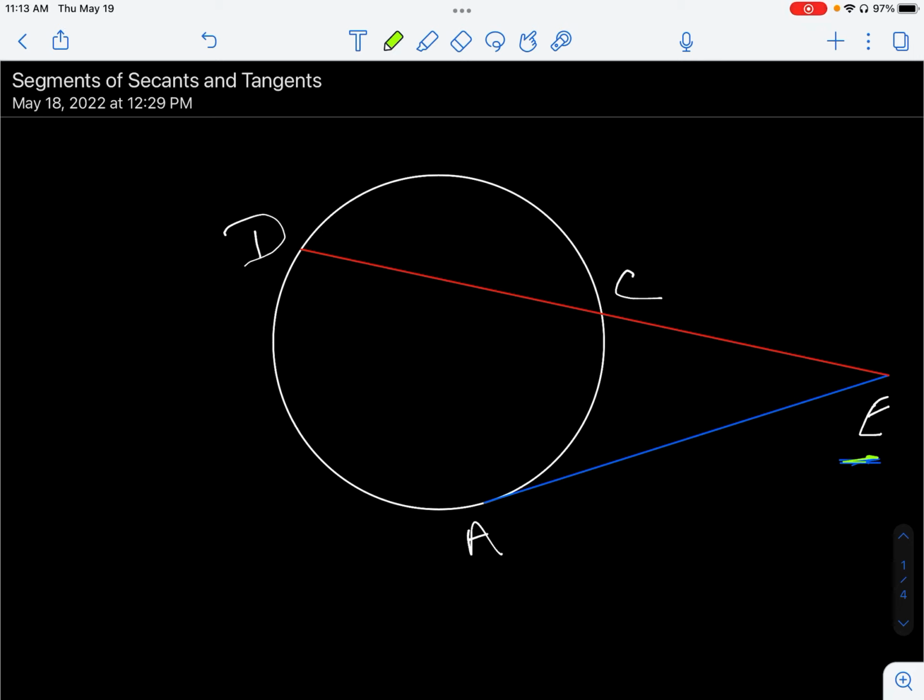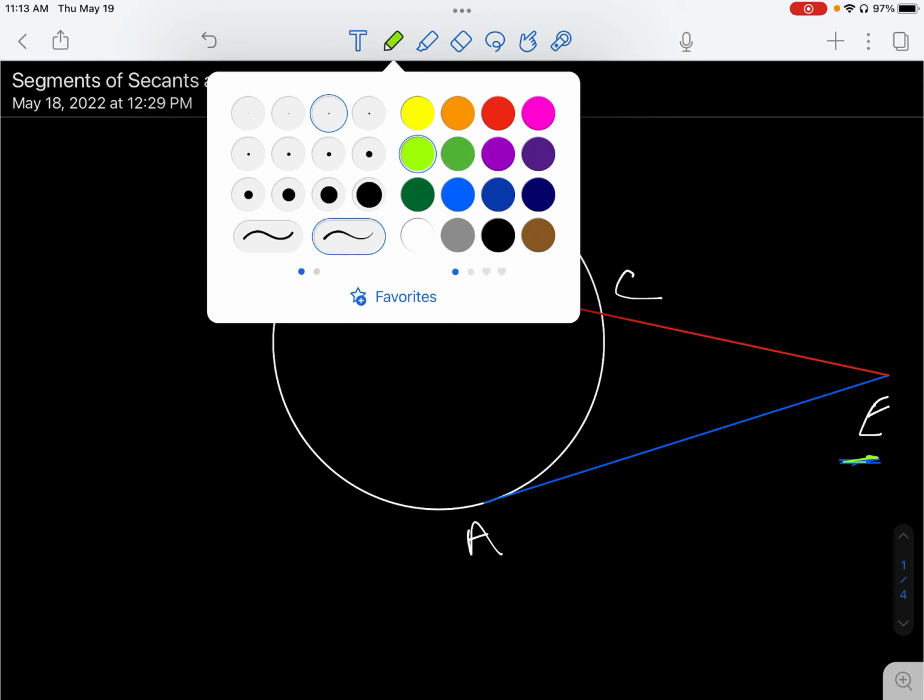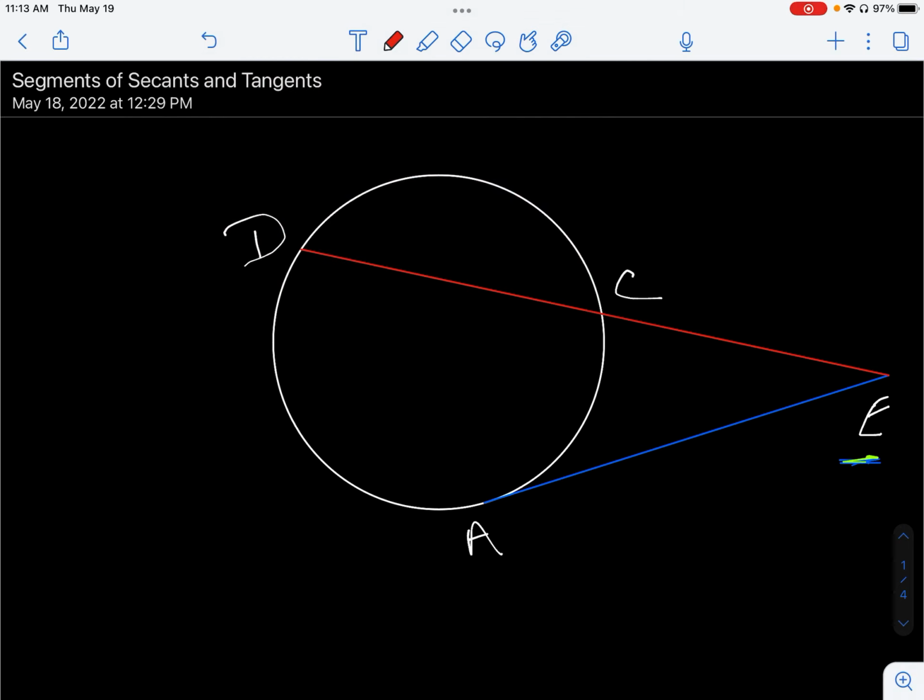then the product of the lengths of the secant segment and its external segment equals the square of the length of the tangent segment. What does that mean? So EC, let's do that in red, is our secant because it passes through the circle at 2 points.